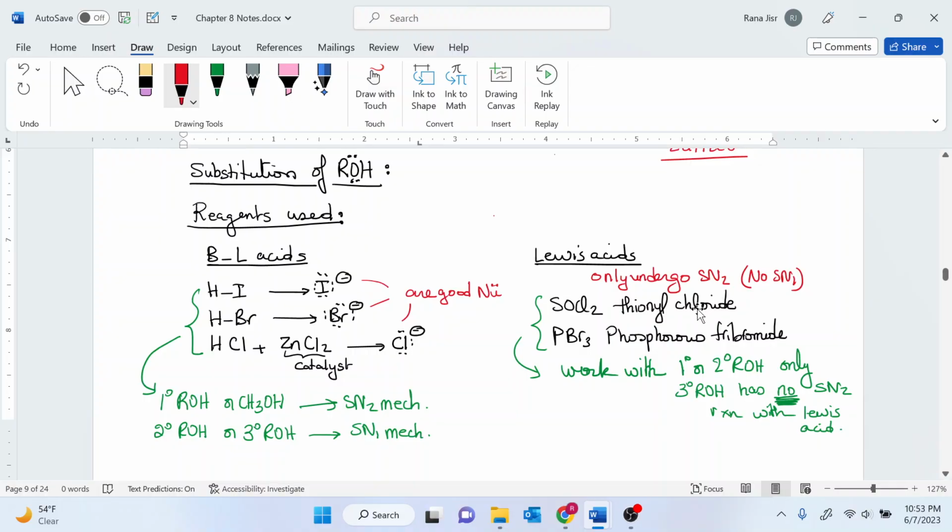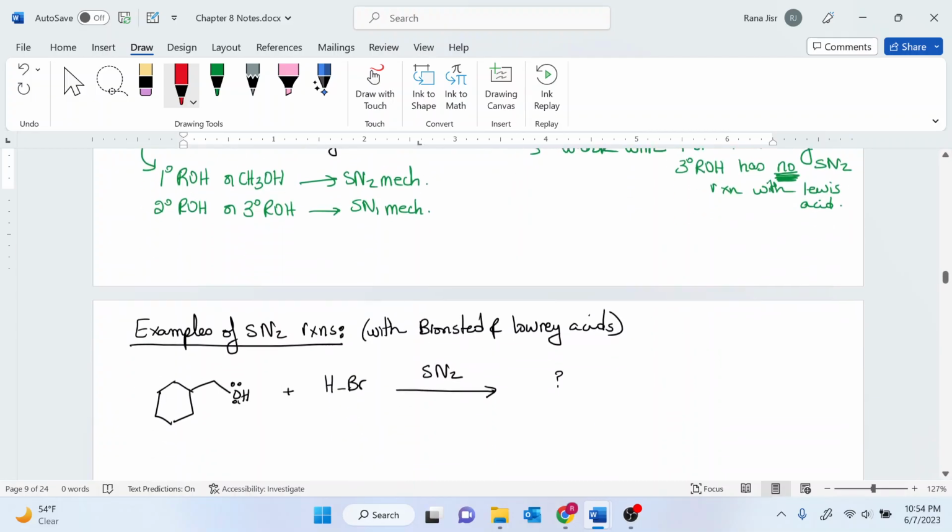It is type of alcohol driven. So since it is an SN2 reaction, it will not work with a tertiary alcohol. So pay attention. If you start with tertiary alcohol with any of these Lewis acids, there will be no reaction. Other than that, primary, secondary, or methyl alcohol, then yes, these are going to work with Lewis acids.